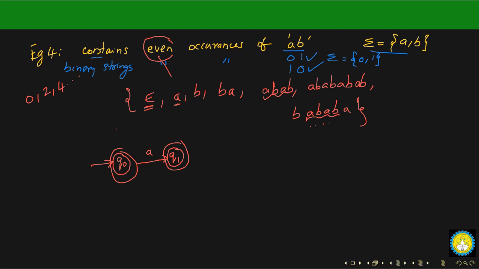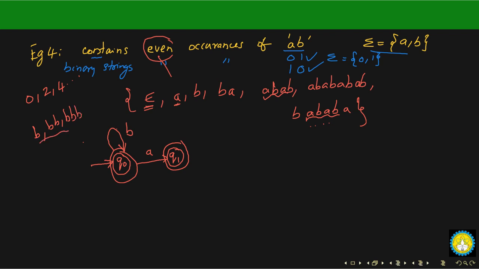Similarly, from the starting state, suppose the first alphabet itself is B, and you continue to see B. Then the string that you see is B or BB or BBB.